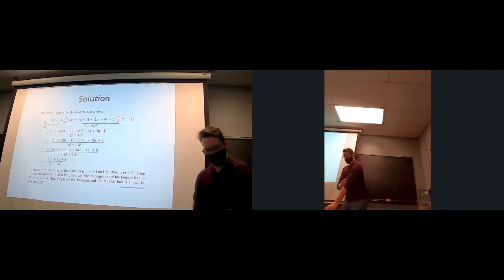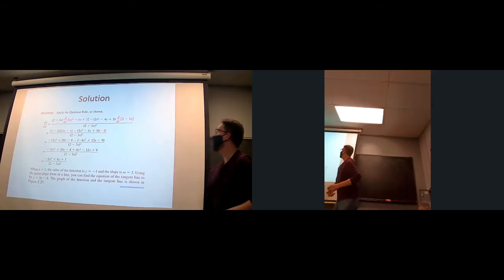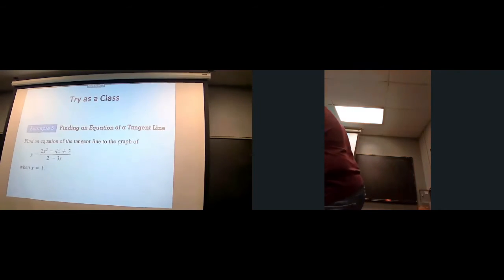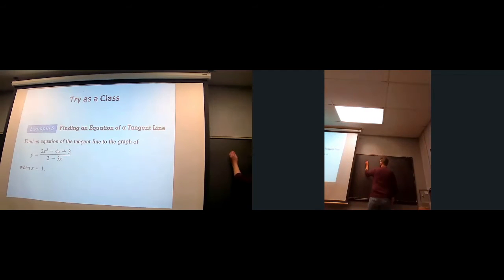The first thing we're doing is we're saying y is equal to f of x over g of x. f of x is equal to 2x squared minus 4x plus 3.